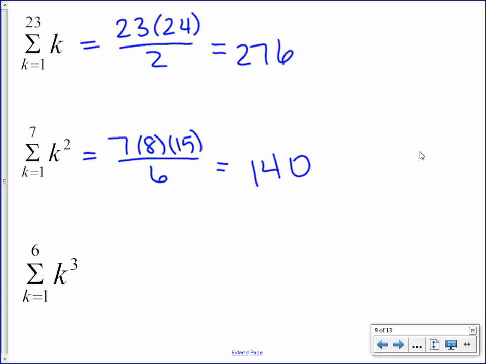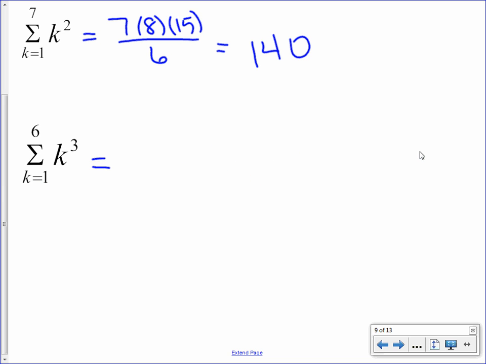Okay, you ready? What are we going to do? What's our shortcut? So we have 21 squared is 441.